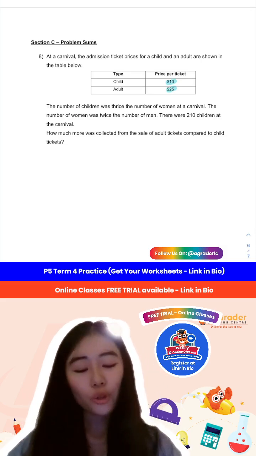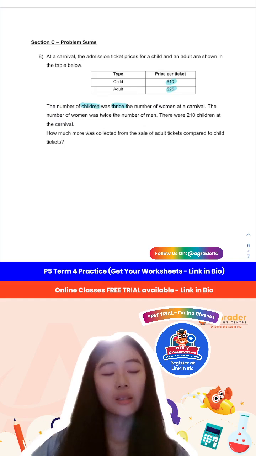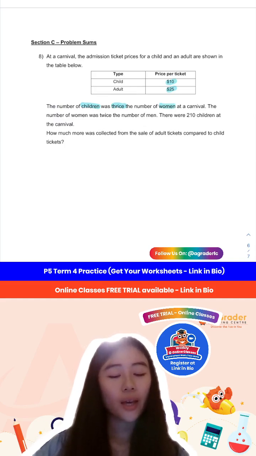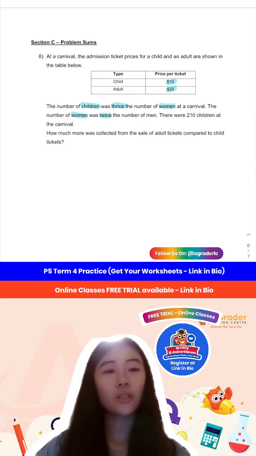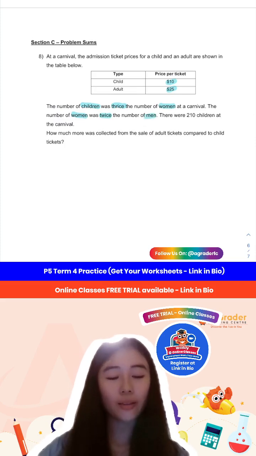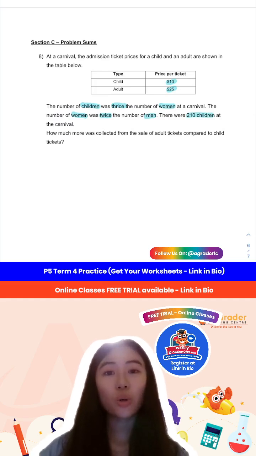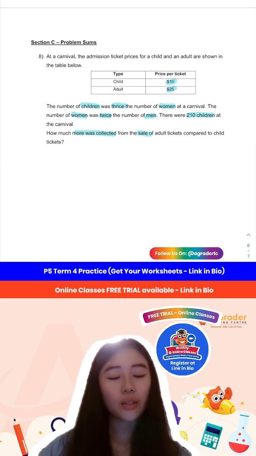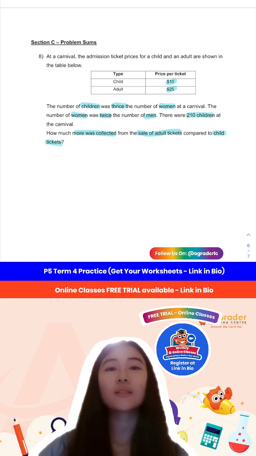The number of children was thrice the number of women, and the number of women was twice the number of men. There were 210 children. So how much more money was collected from the sale of the adult tickets as compared to the child tickets?